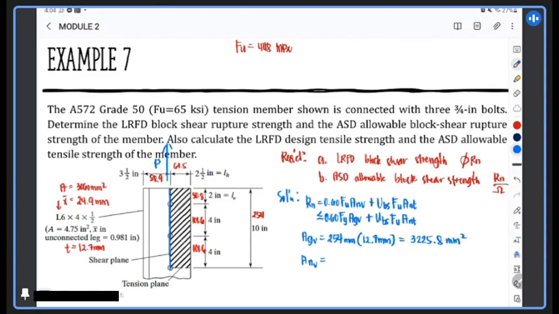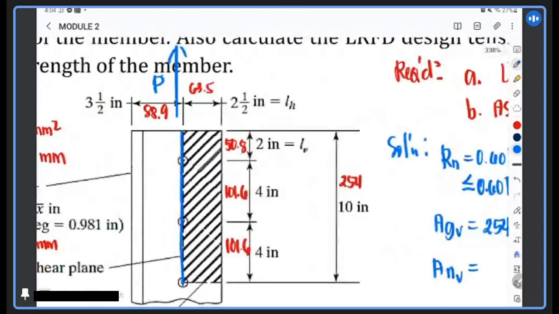Okay. The net area for shear would then be our gross area minus yung mga butas ng ating holes. Okay, but remember, dito sa pinakalast, ang computation lang natin ay hanggang doon sa gitna ng ating last bolt.